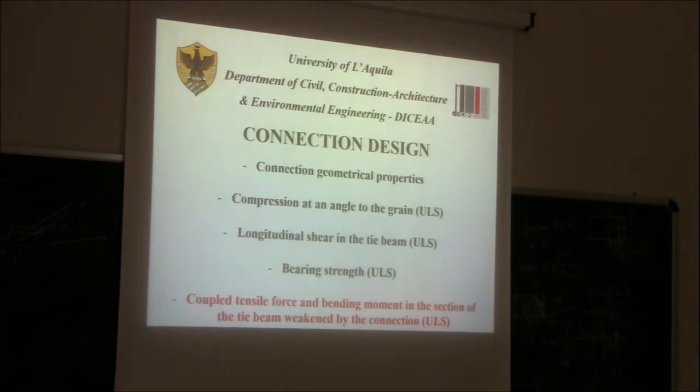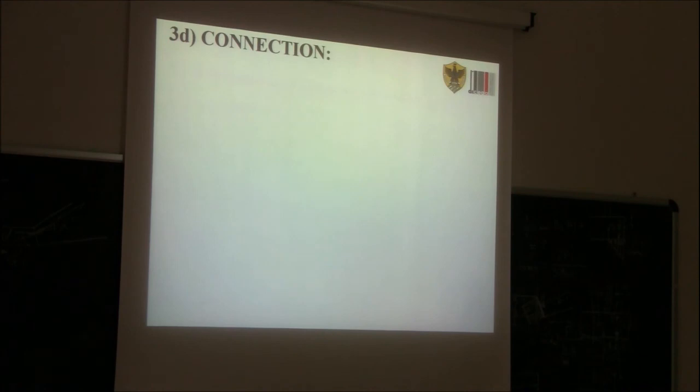So we will have, strictly speaking, tension and bending due to this notch. So we want to do this verification of coupled tensile force and bending moment in the section of the tie beam weakened by the notch.